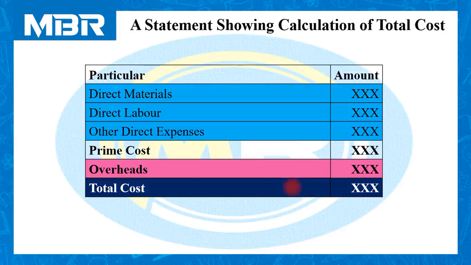If you want to classify the overheads based on department, you may classify them into three different categories: factory overheads, administrative or office overheads, and last, selling and distribution overheads. Here, the most important part is related to calculation of overheads, and the total of prime cost and overheads is referred to as the total cost of a product.